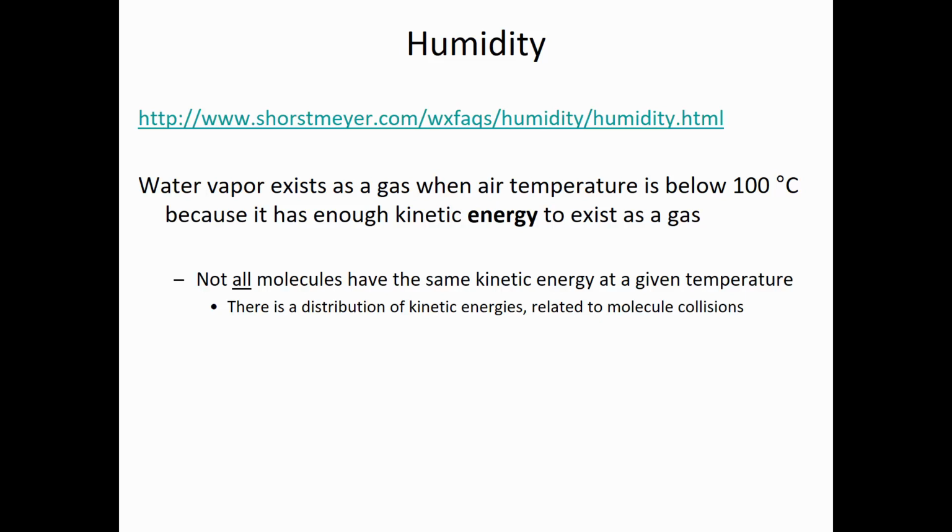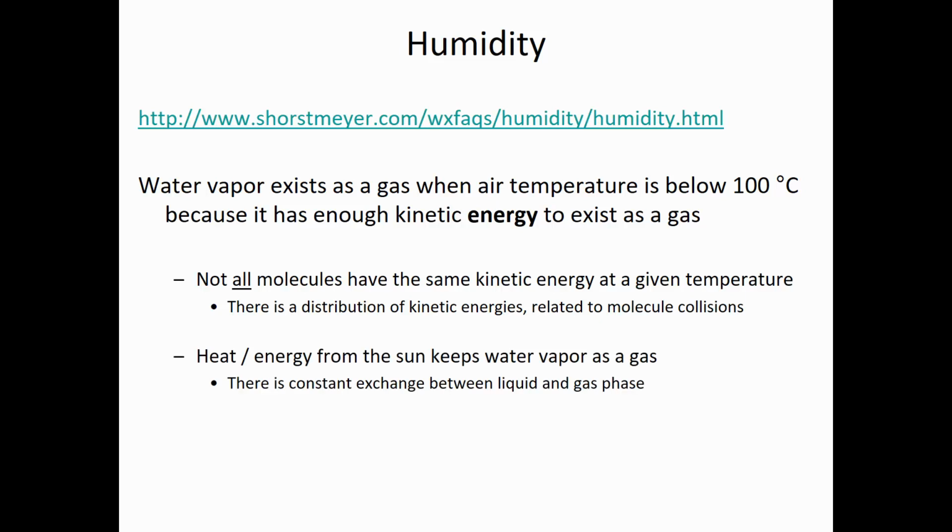And so as you increase the temperature of the water, it shifts the number of molecules that have sufficient kinetic energy. So there's going to be a greater number of them that have the kinetic energy required to go into the vapor phase as you increase the temperature.